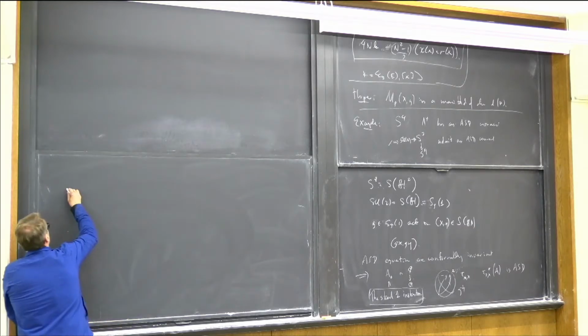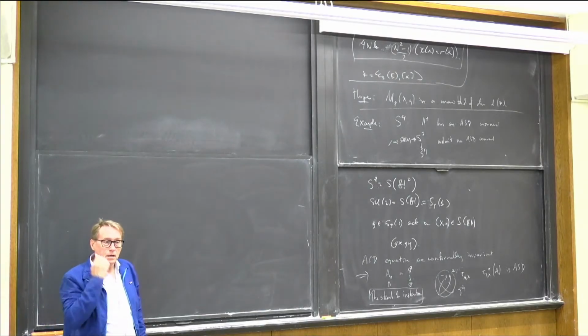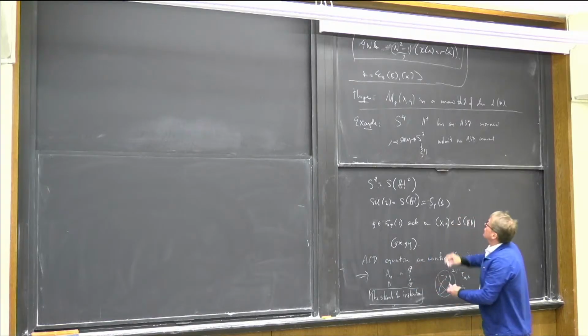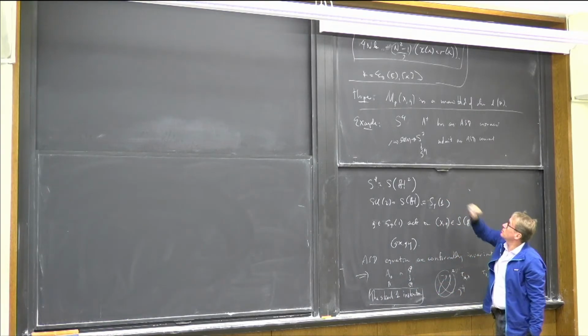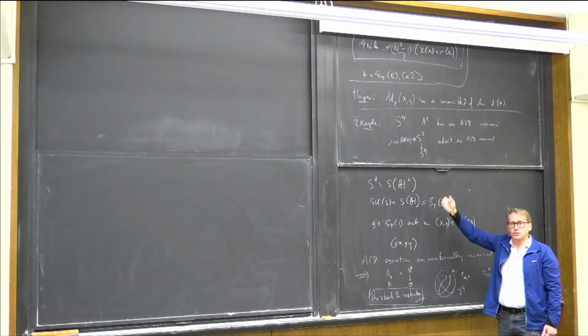This is a dumb question. How do we find the A naught? A naught came from, we could think of it as coming from lambda plus by lifting it to the R3 bundle to a C2 bundle.